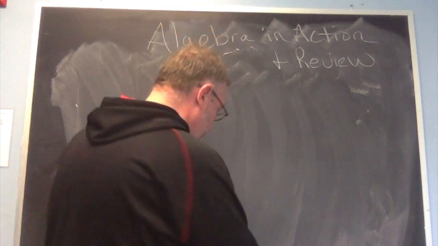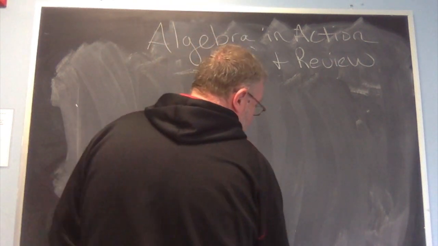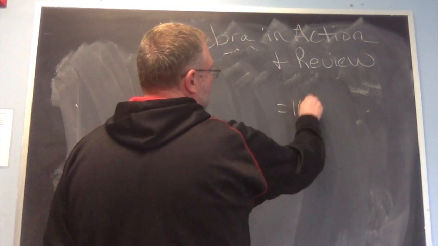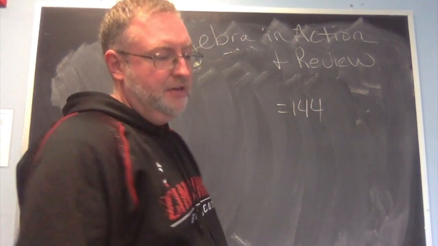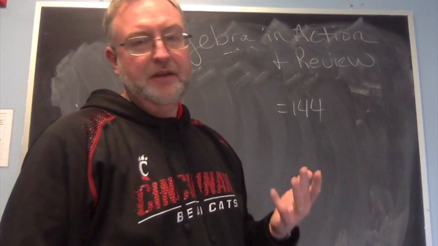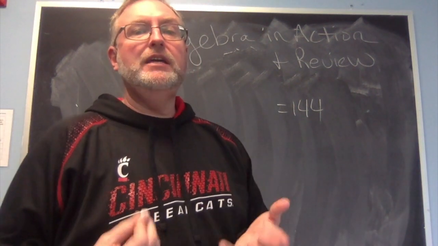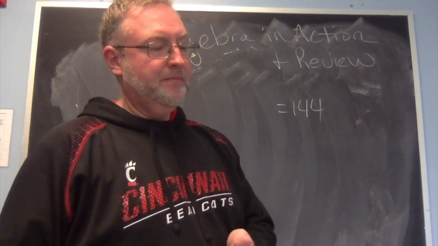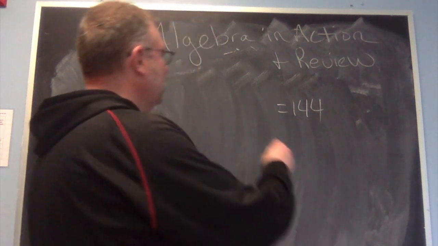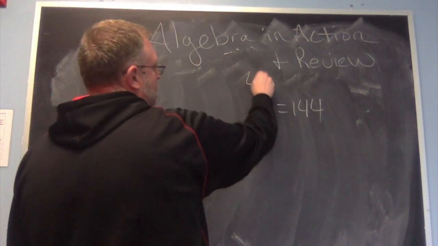So I know that it equals 144 square feet. Now, what is the area of a rectangle? Anyone? Yes, area equals length times width. So what do we know about the length times the width?